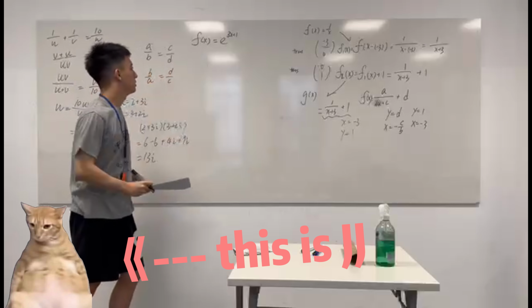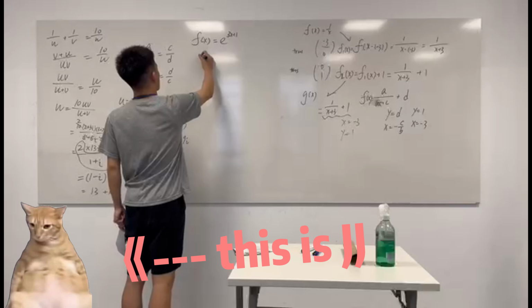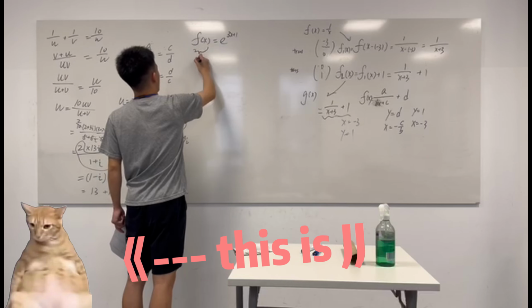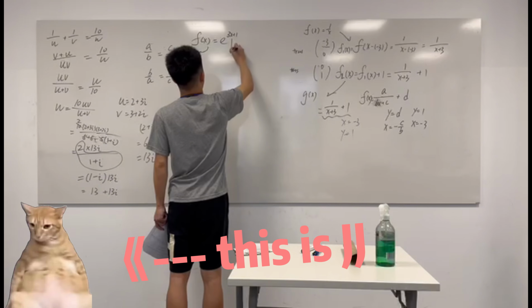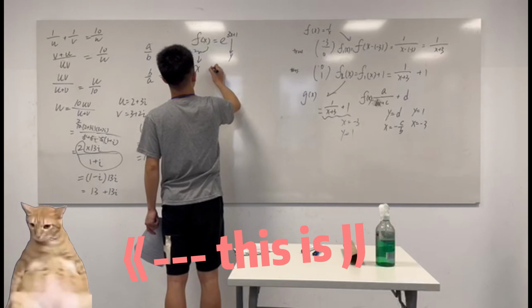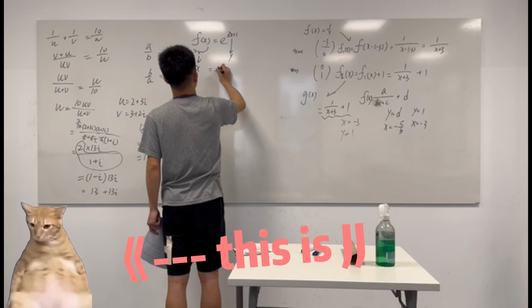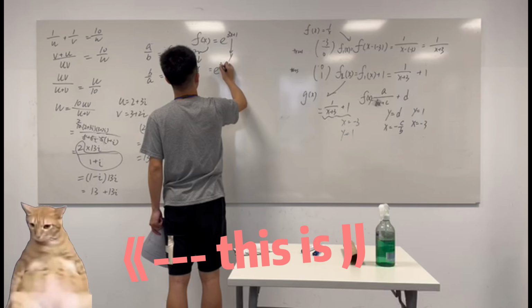Now, we use x to replace f(x) and use y to replace x. So we get x is equal to e to the power of 3y plus 1.